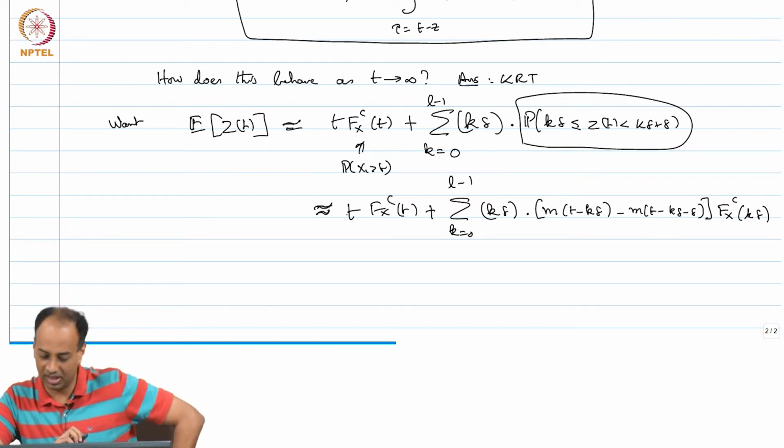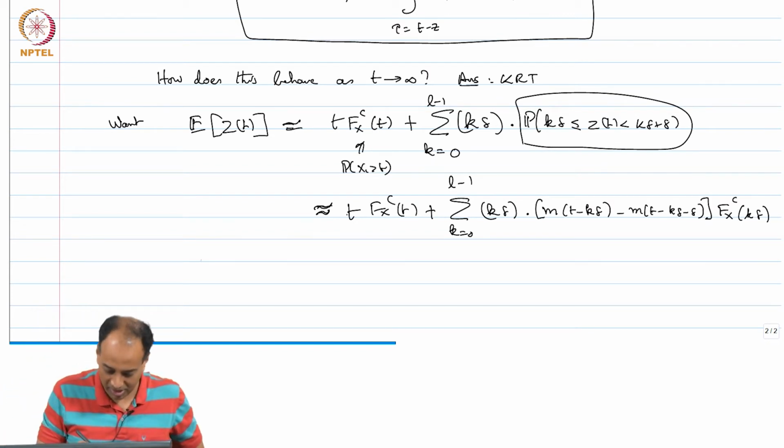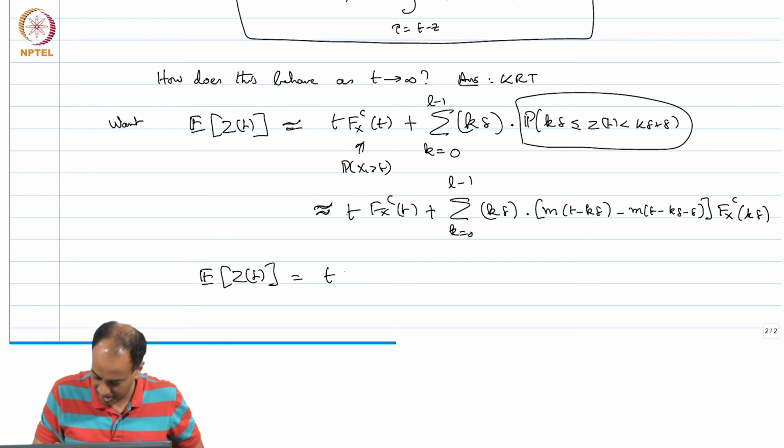Now, what will the sum become? What kind of an integral will it become? It will become another Riemann-Stieltjes integral. So, the bottom line is you can show that the expected Z(t), the first term will be the same, t F_X complement of t.